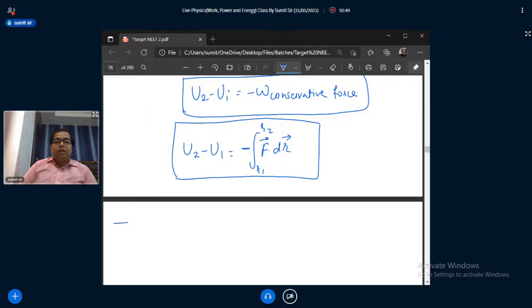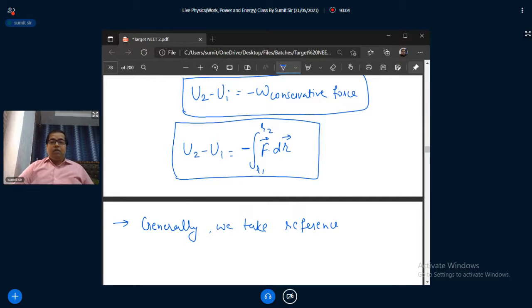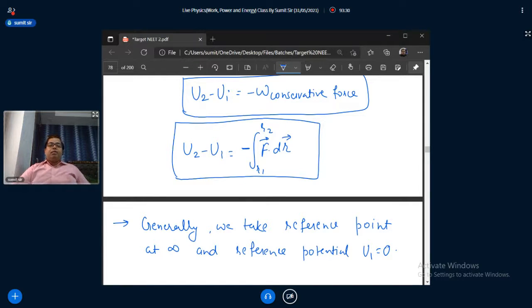So what happens generally? We take the reference point at infinity, and the reference potential U1 is equal to 0.